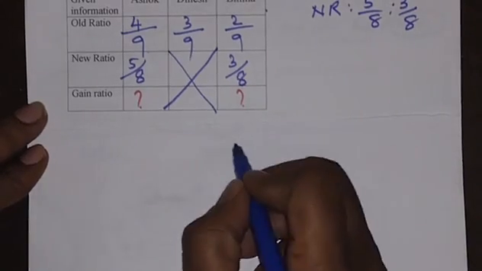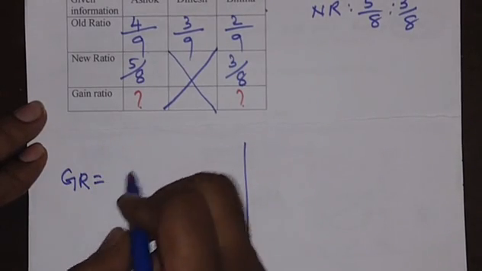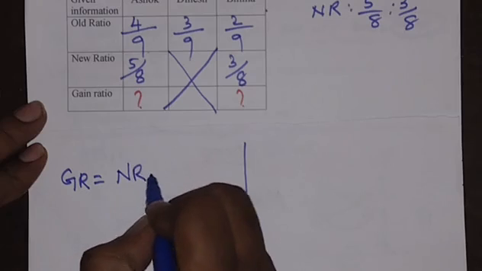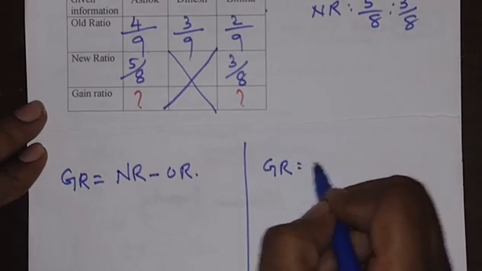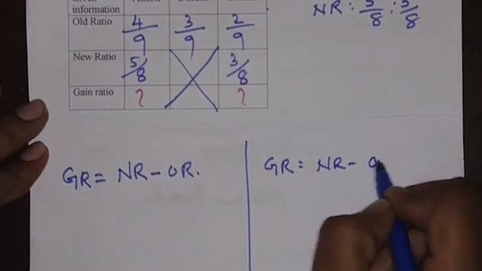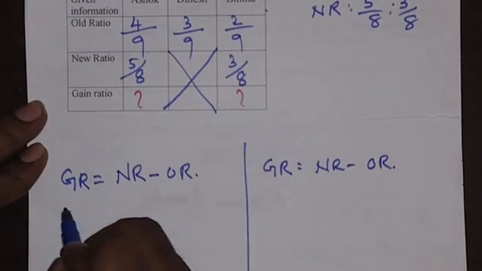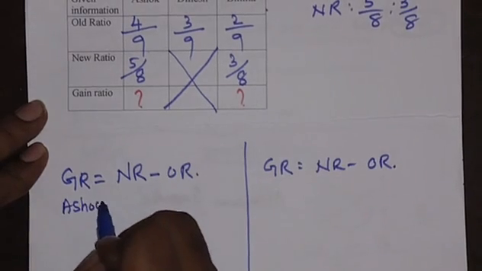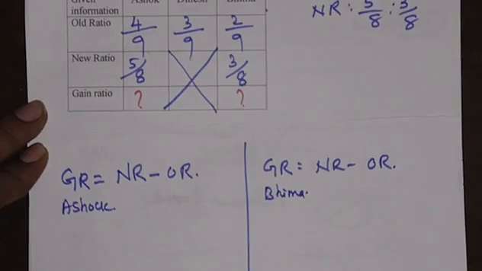Formula for gain ratio: gain ratio is equal to new ratio minus old ratio. We have to calculate for both the partners, one for Ashok and another one for Bhima.